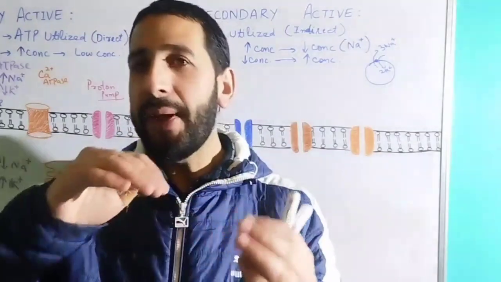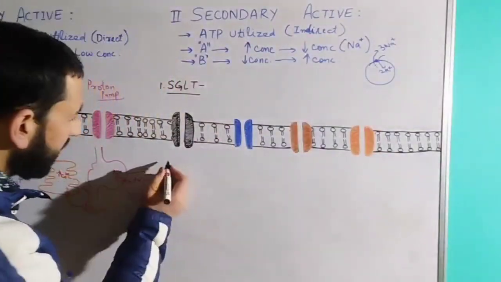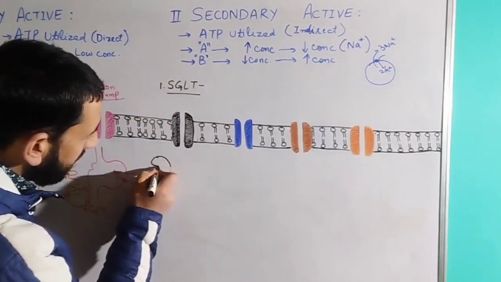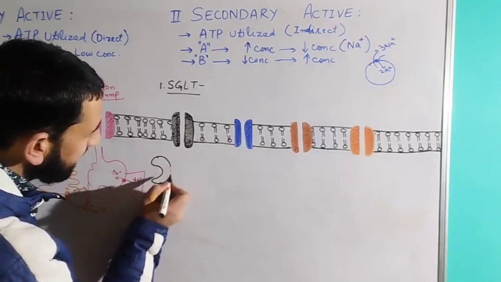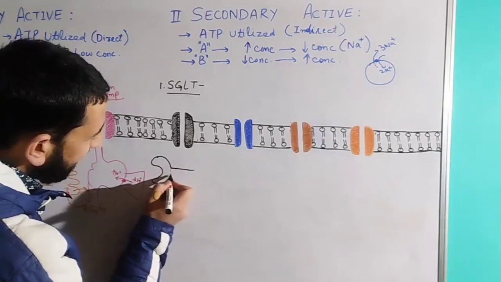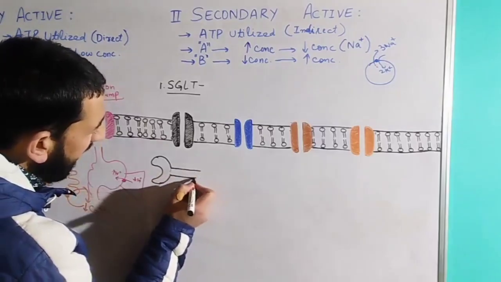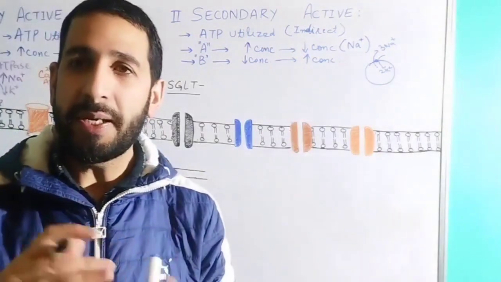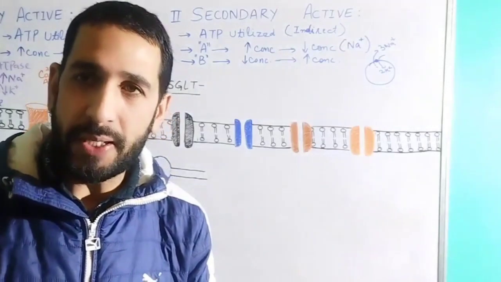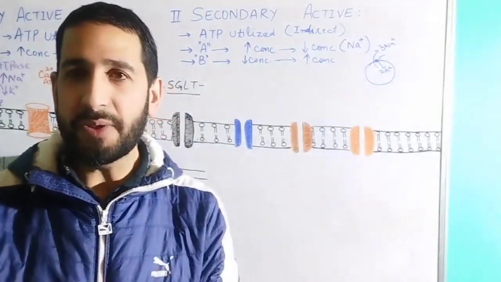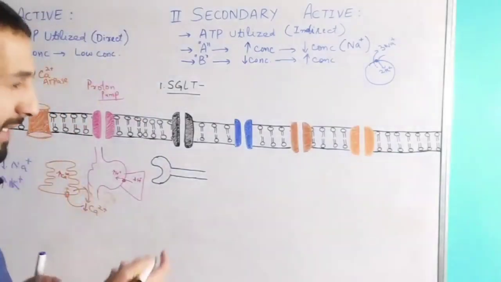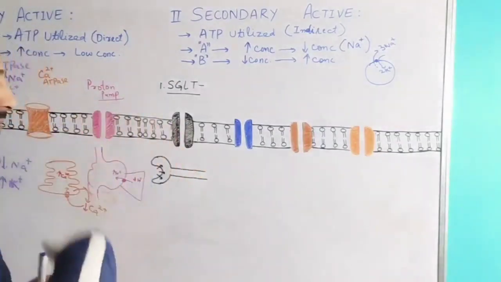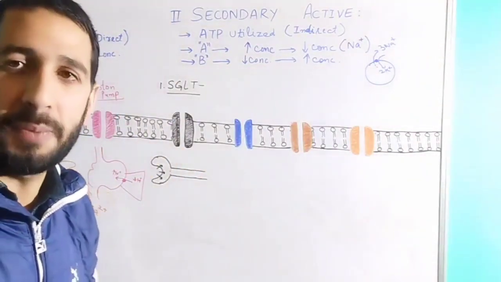Now, suppose here we have a Bowman's capsule, where filtration is taking place, and after the Bowman's capsule there are the kidney tubules or renal tubules, and the first one is the proximal convoluted tubule. The first part of the tubules of the nephron is the proximal convoluted tubule, which is right after the Bowman's capsule. In the Bowman's capsule, we are filtering plasma, and different things from the plasma are being filtered, except the plasma proteins.